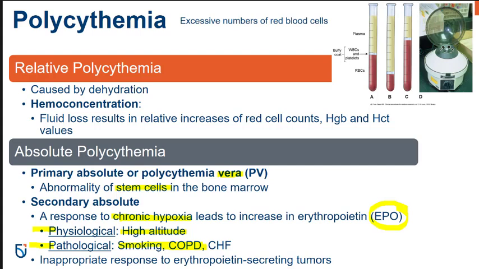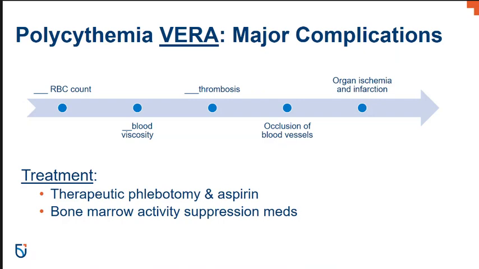And then finally, another example of secondary absolute that's less common is somebody can have a tumor that secretes erythropoietin or causes the increased secretion of erythropoietin above normal, stimulating the bone marrow to produce more red blood cells, leading to an increase in the amount of red blood cells compared to that of normal.